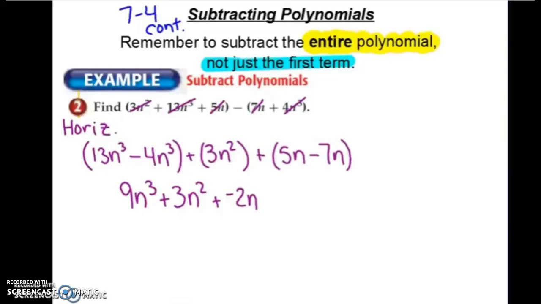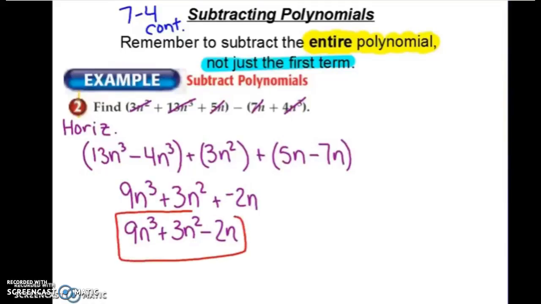I'm going to simplify this. Personal preference, I do not like to have that plus and negative. So 9n to the third plus 3n squared minus 2n. If you see a test or a quiz, or even the PSSA or Keystones, you're not going to see that plus minus. You'll see just minus 2n. So there is my simplified answer.